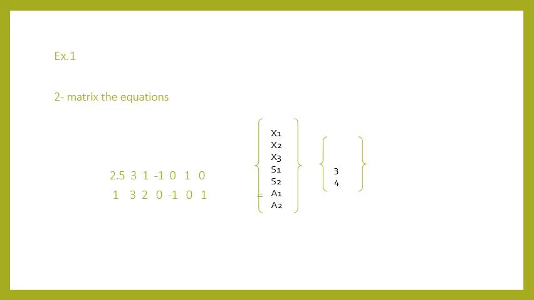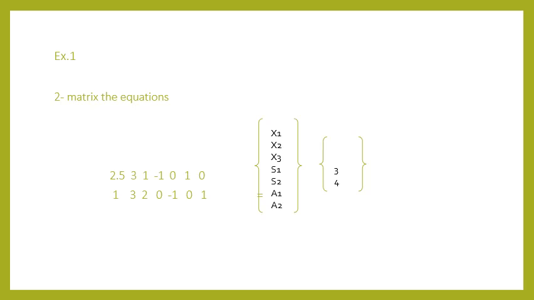For the second step, we are matrixing the equations. This is the form of the matrix. Let's look. 2.5, 3, 1, negative 1, 0, 1, 0.